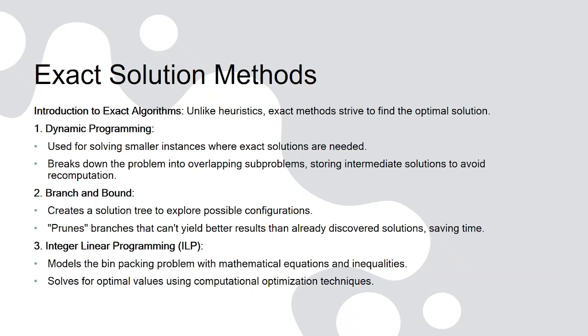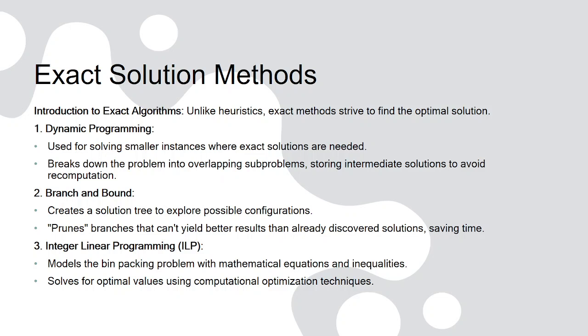Now there are some exact solution methods, and they are of three types: dynamic programming, branch and bound, and integer linear programming. These aim for the optimal solution. Dynamic programming stores intermediate results to avoid redundant calculations.